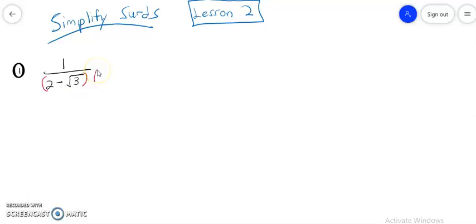Conjugate meaning 2 plus square root of 3, but remember to multiply both sides, up and down. This is called a conjugate.